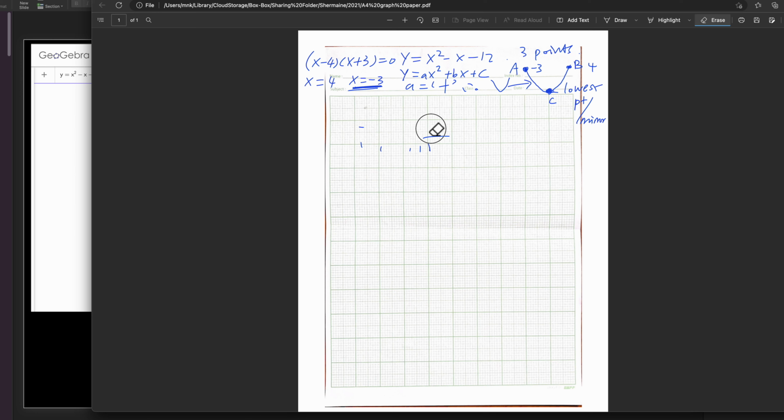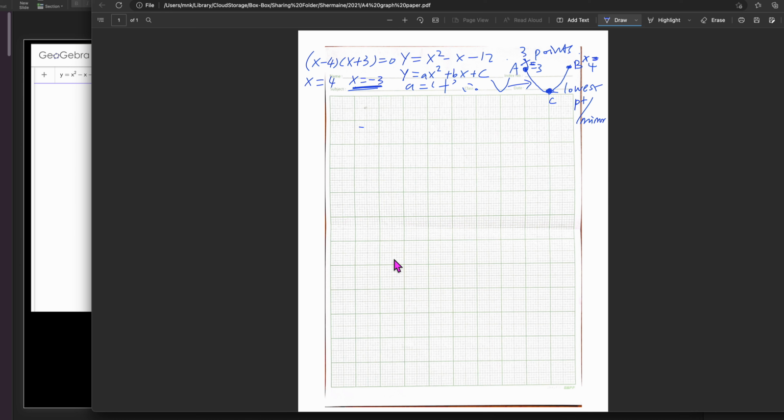But I hope you see your negative 3 is only x equals negative 3, and your 4 here is x equals 4. And when you have a point on the graph paper, let me just try to get the x-axis out first.